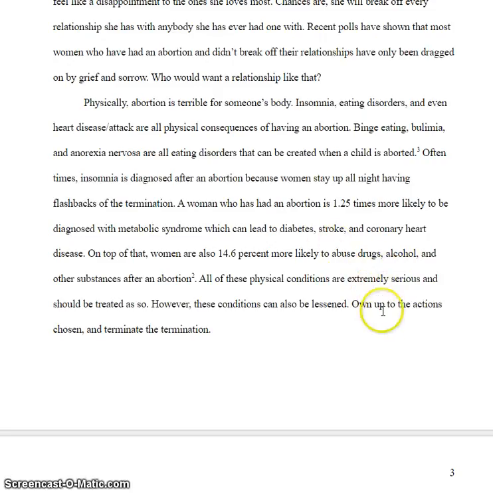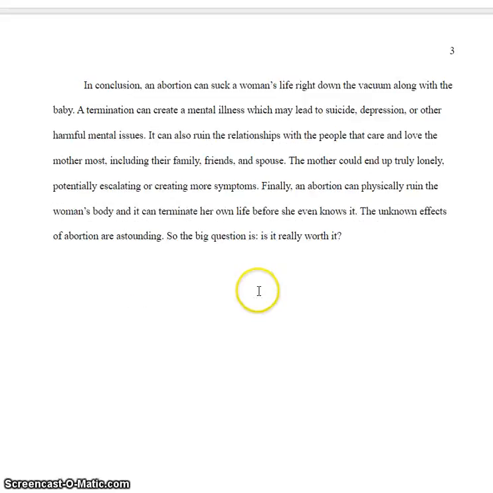However, they can be lessened, own up to the actions chosen, and terminate the termination. So don't kill the killing. I get what you mean. It's just kind of a weird wording, and you don't need a comma there anyway. So again, you have good statistics, but that's about all you have in this paragraph. We need something a little bit more.